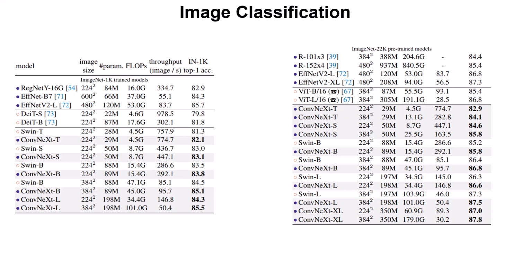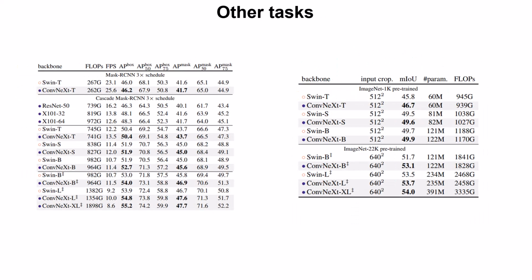So yeah, that's another surprising result. And for other tasks such as object detection and semantic segmentation, they changed the backbone and tried with Swin and ConvNeXt, and in all cases again, ConvNeXt achieves a better result.